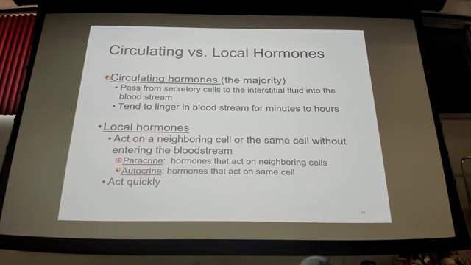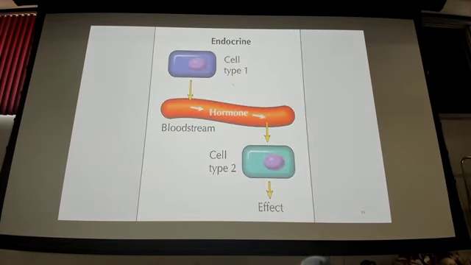A lot of paracrine action happens in the gastrointestinal system, right? So endocrine, cell type 1, goes in the blood, and it has its effect downstream on cell type 2, okay? Pituitary cells, thyroid cells, for example, okay?